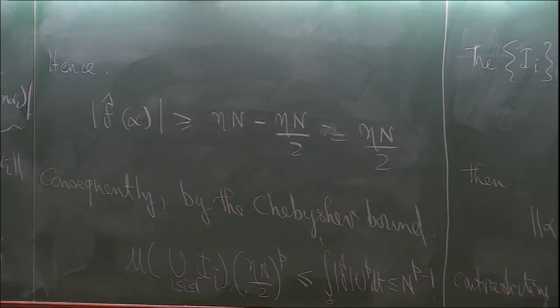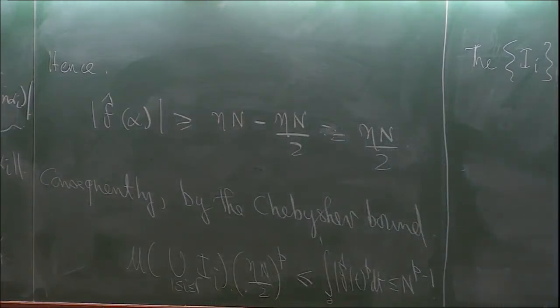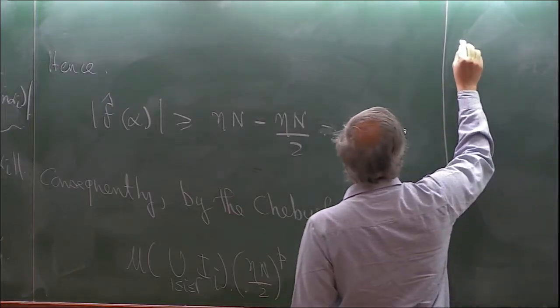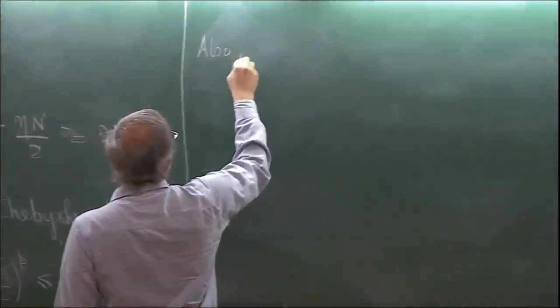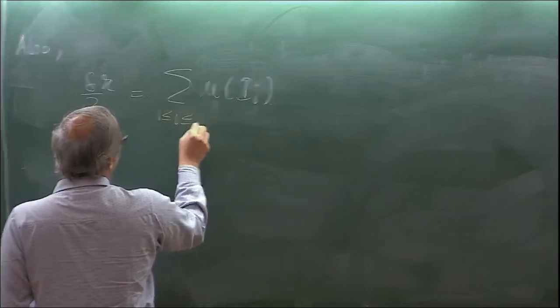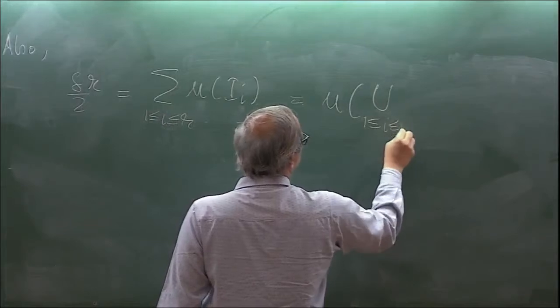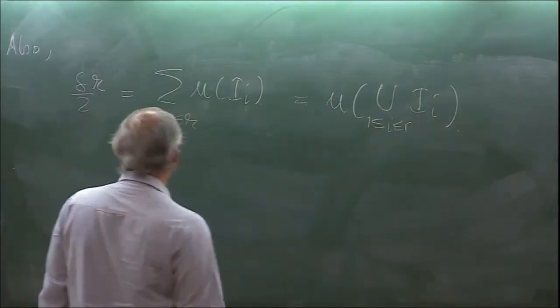And therefore, this measure is, on the other hand, equal to delta by 2 times delta by 4 times R. Also, 2 times delta by 4, so delta by 2 R, is equal to the sum of the measures of I_i, which is equal to the measure of the union of I_i, because they are disjoint.